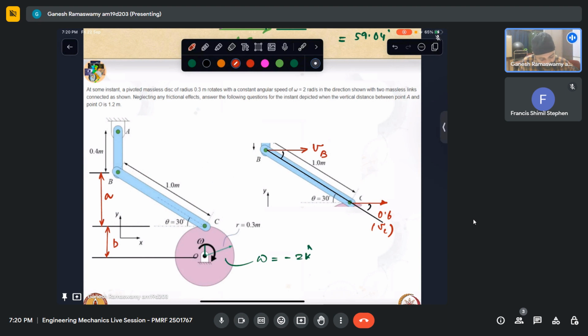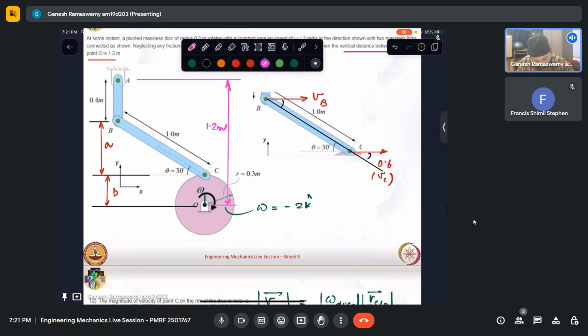Now in the question it is given that for the instant depicted, the vertical distance between point A and point O is 1.2 meters. So I have my point A like that, and then I have my point O here. So this distance is given to be 1.2 meters.